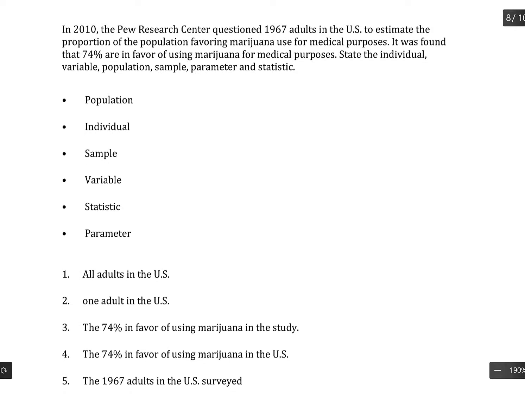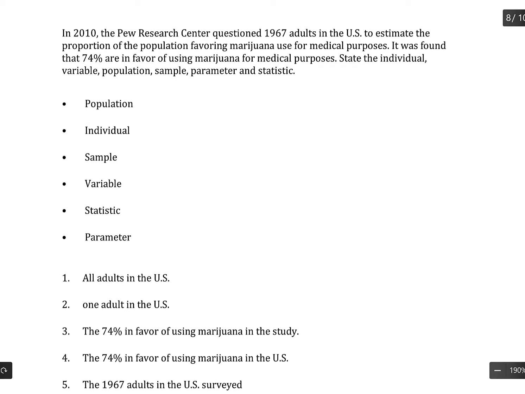All right, so in order to answer this, we need to walk through what the definition of each of these terms are. First, a population is defined as all items pertaining to a study.